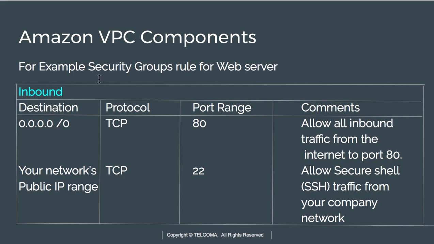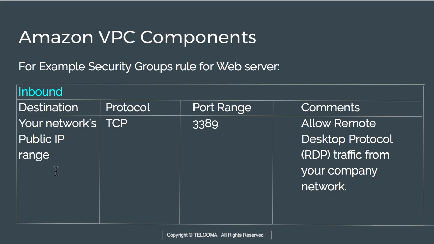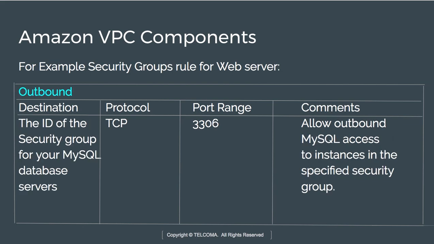So suppose from a web server, this is the destination, public IP range, what is the protocol, port range. It allows all inbound from the internet to port 80 and then allows SSH traffic from your company's network. So this is also an example of a destination. So we can see how the group rules are specified.